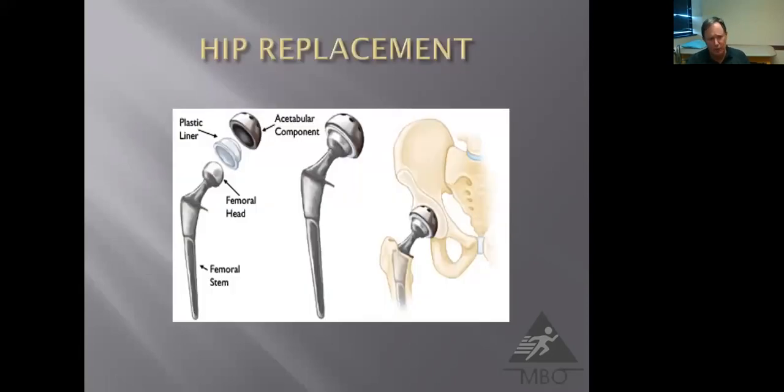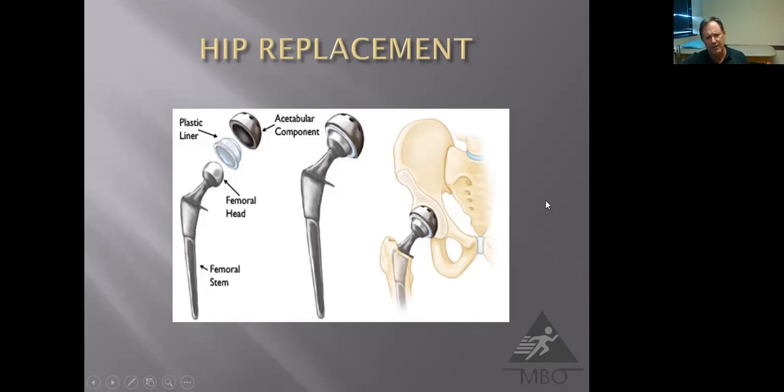So the definitive treatment for hip arthritis is a hip replacement if you've failed conservative non-surgical treatment. What a hip replacement basically is: you remove the ball of the hip and you put a metal stem down the femur. Unfortunately for us, the femur is hollow, it's like a pipe. You then put a metal ball and then you put a cup, a metal or ceramic cup, on it.